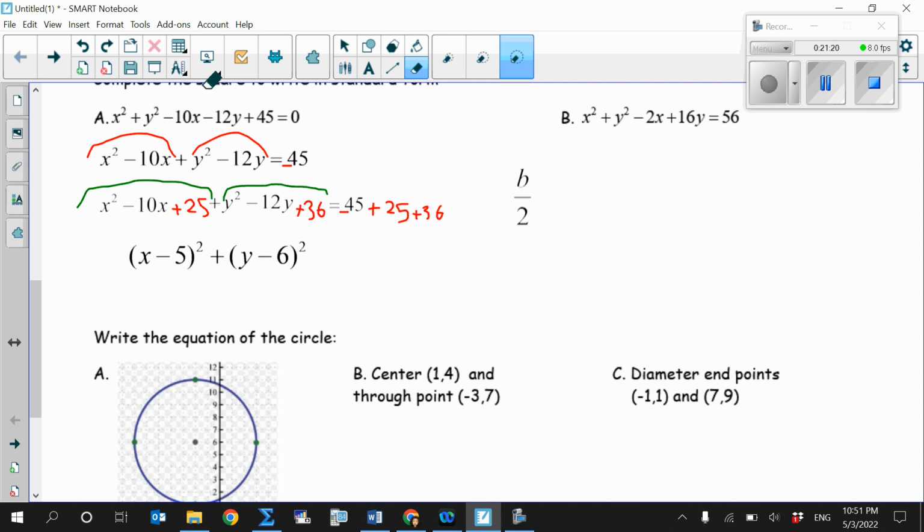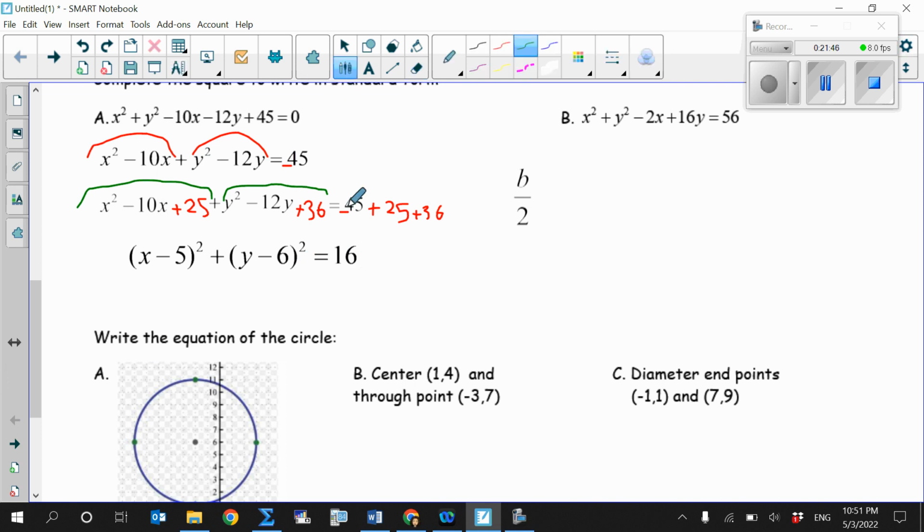Anyway, on the right side, I also forgot that I made a mistake. I forgot that if I move the 45 to the other side, I need to put a negative. So I just put the negative here for you. So I have negative 45 plus 25 plus 36. That will be equal to 16. So this will be my equation.